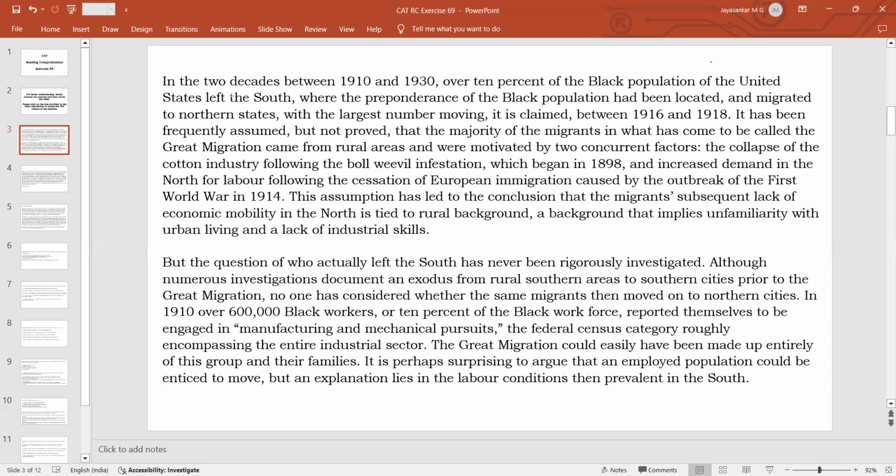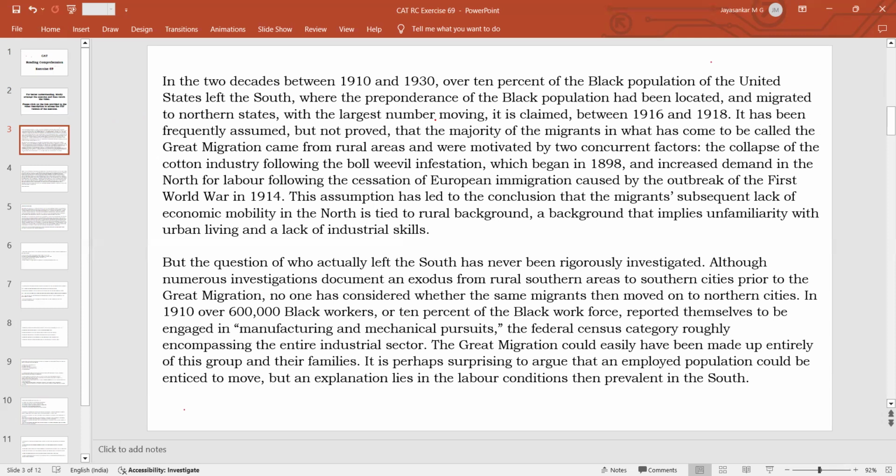It is saying that within a 20-year period from 1910 to 1930, there was a migration of black workers from the southern part of the United States to the northern part of the United States.